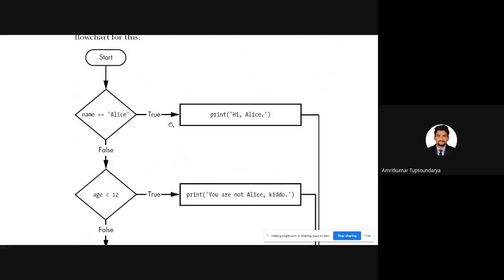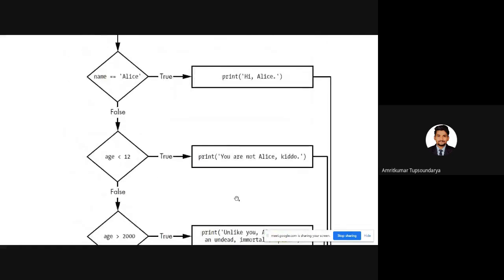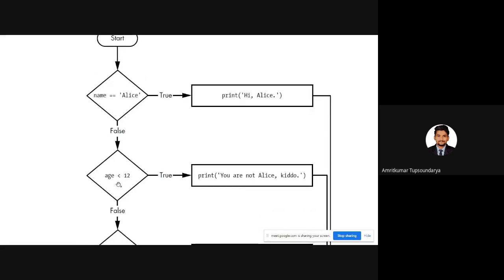If it is true, print Hi Alice and then go back to end. If it is false, that is the name is not Alice, it checks for the age. If the age is less than 12, let's say any value below 12, and it is true, it says you are not Alice, kiddo.